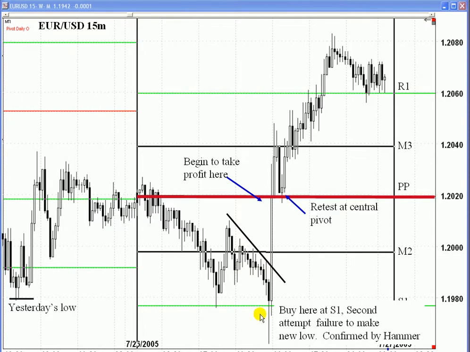And as the sellers begin to fade, I'll watch these candlesticks very closely, and these are 15-minute candlesticks. So price probably moved very quickly down through this level of support. I'm trying to remember this event specifically.